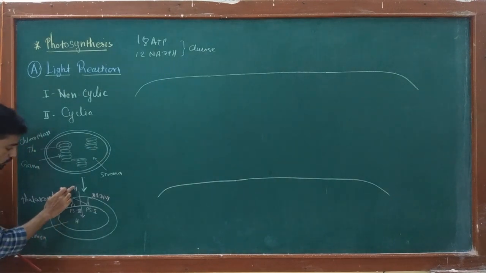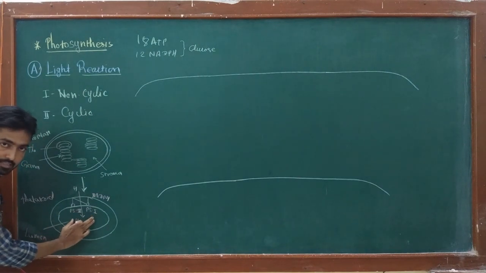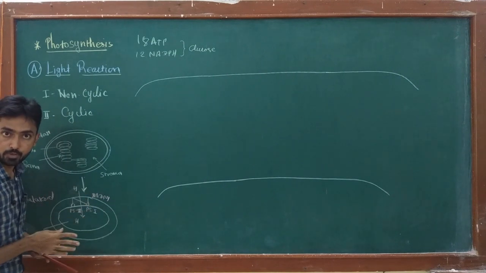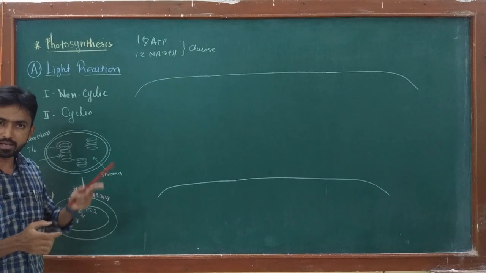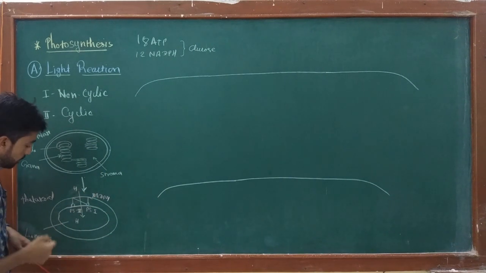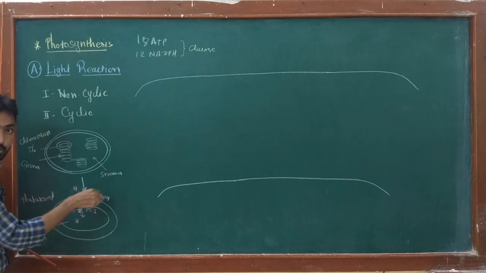Due to pumping, the hydrogen ion concentration increases in the thylakoid, and a hydrogen ion gradient is produced. We know that all biological gradients, produced in mitochondria, bacterial cell membranes, or inside the lumen of the thylakoid, have energy. And when these hydrogen ions come back into the stroma, they produce ATP.